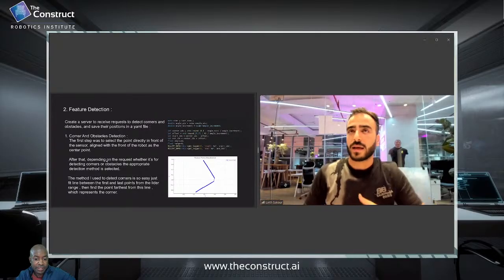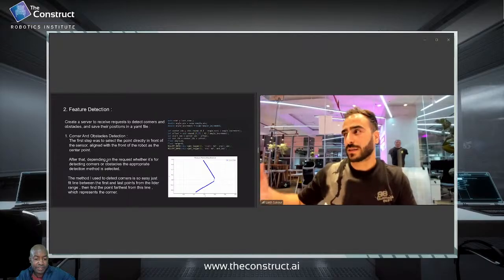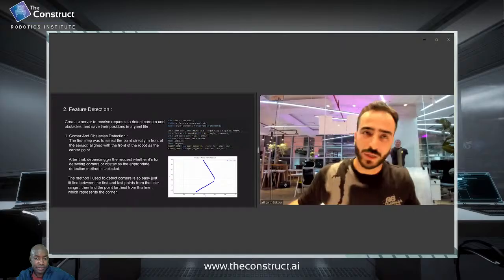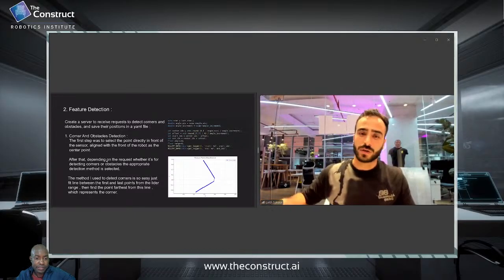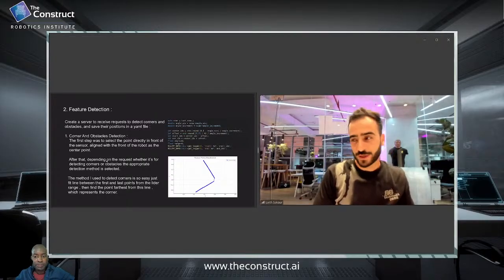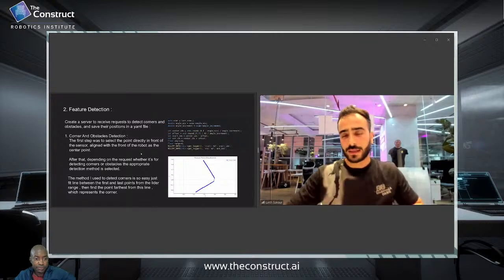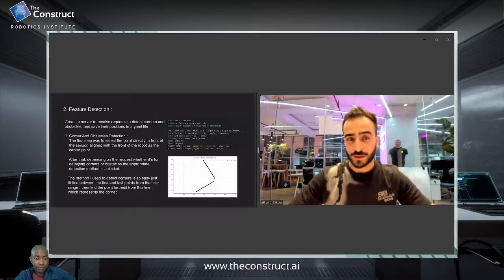It's how we detect whether we want to detect the corner or the obstacle, by incoming request. If we send in the request corner, there is a function special for the corner, and if obstacle, there is a function special for the obstacle.